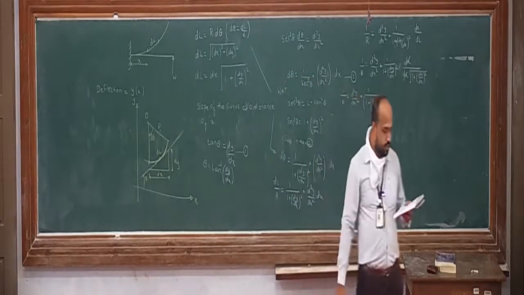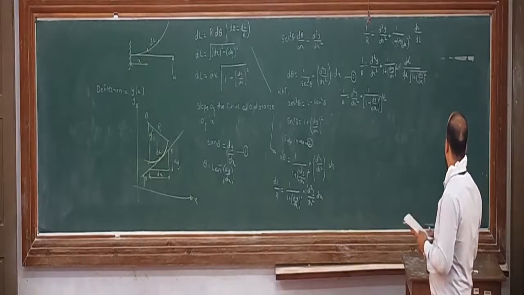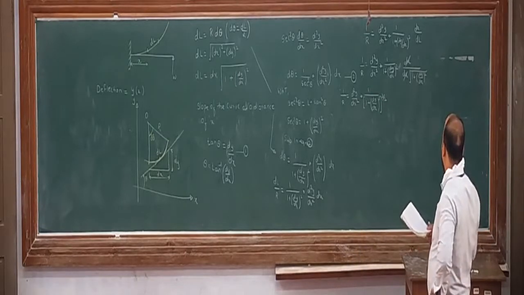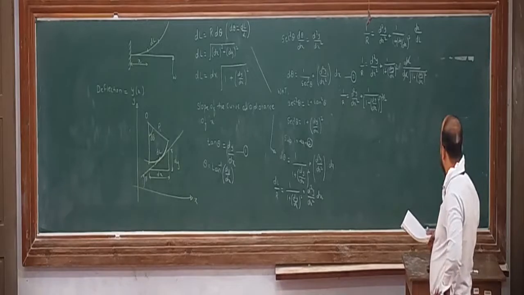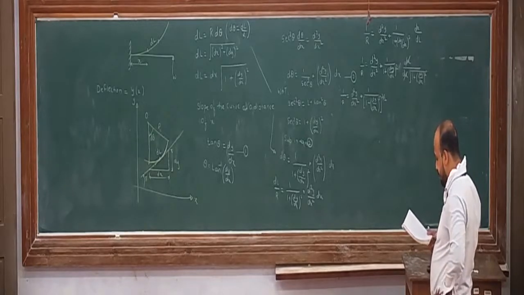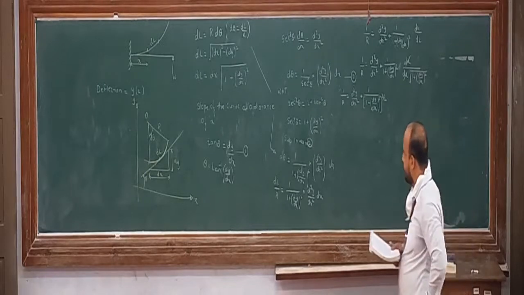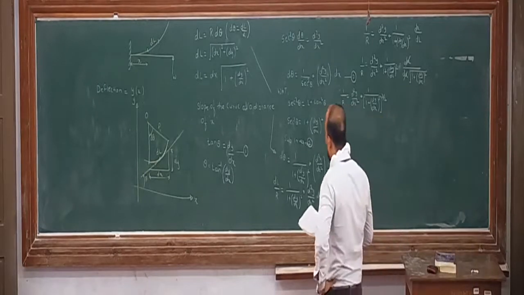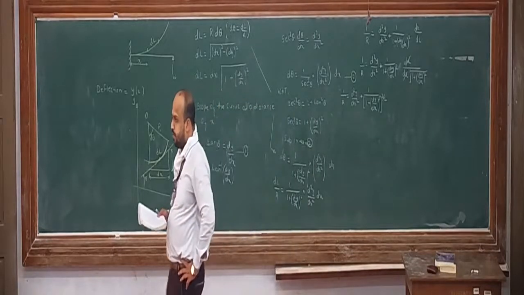So write down. For small deflections, the slope, that is dy by dx, is small.